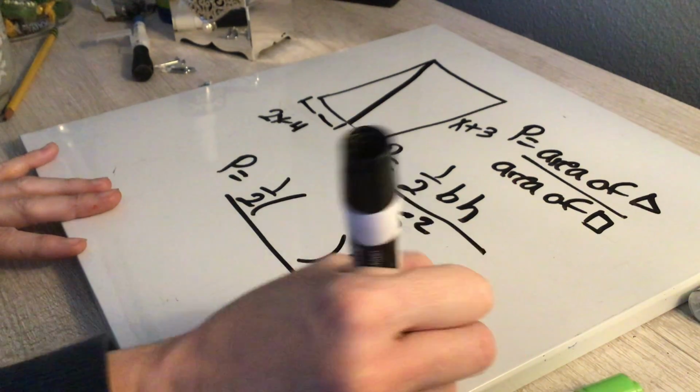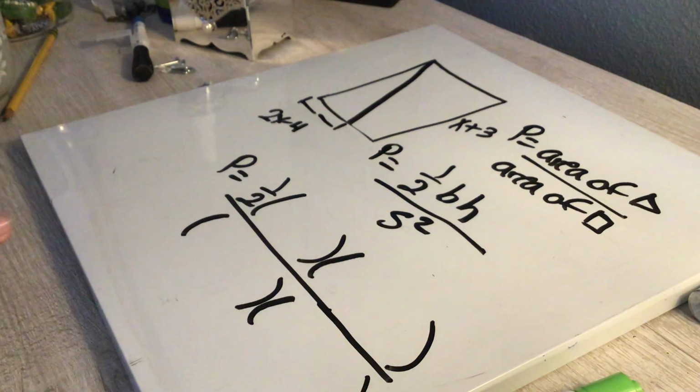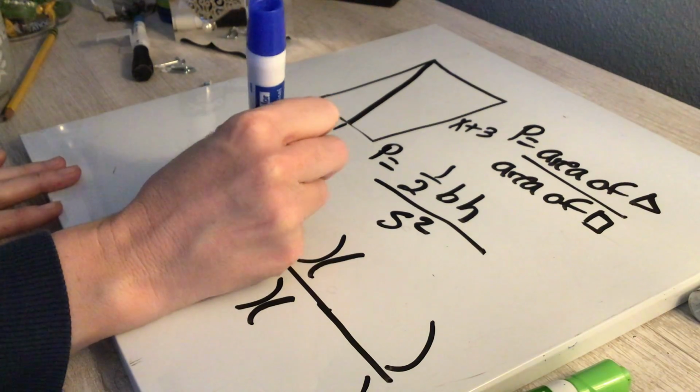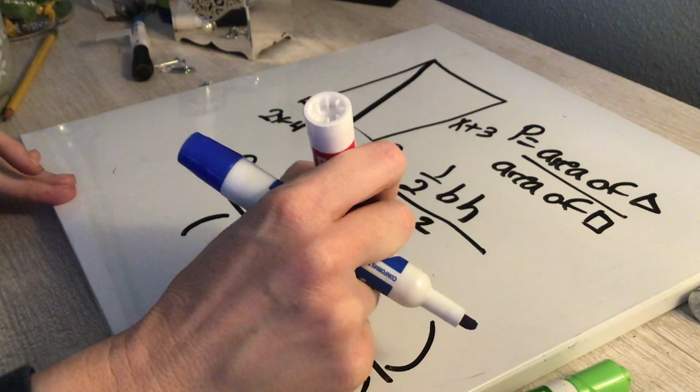Okay? So when we look at the figure, okay, the triangle, it's 1/2 base times height. So the base is 2x minus 4, and the height is x plus 3.